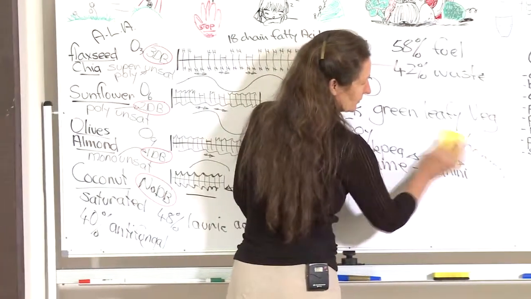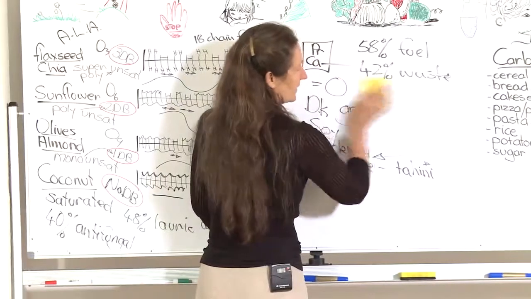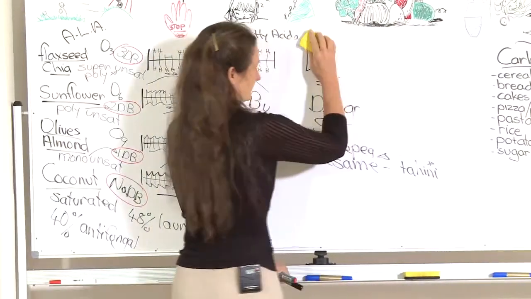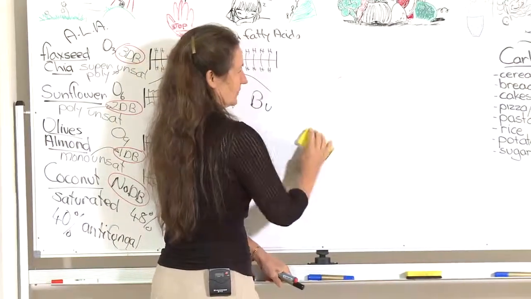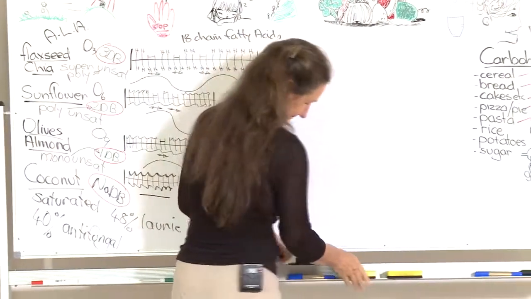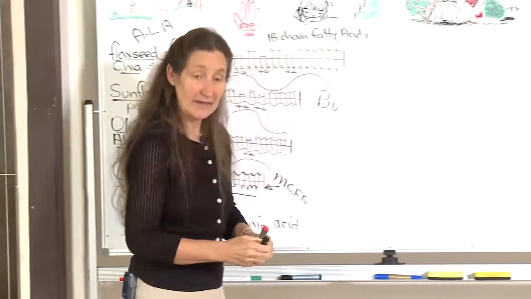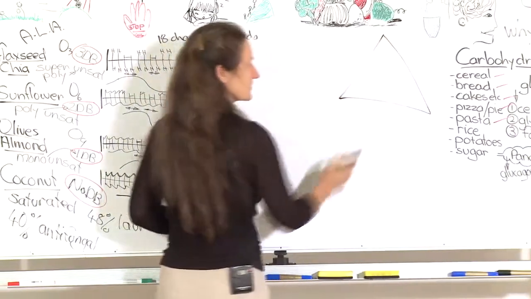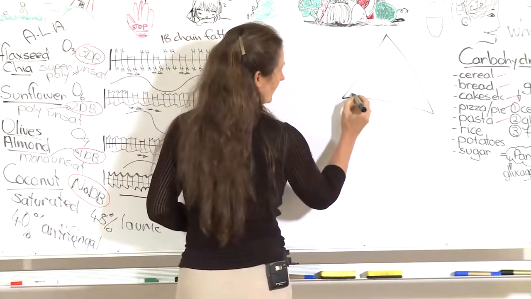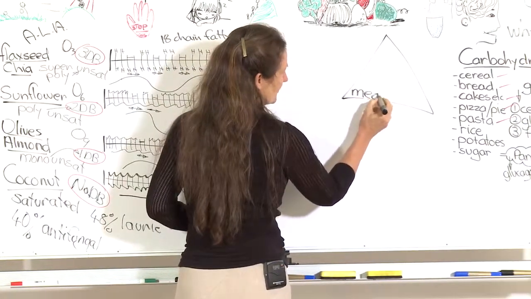When I was at school, in my common sense cookery class, we had a book, the Common Sense Cookbook. It had a triangle in it. And the triangle stated that we should be eating a lot of meat and dairy products.